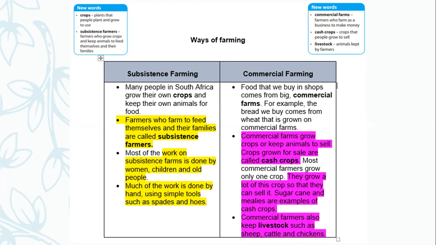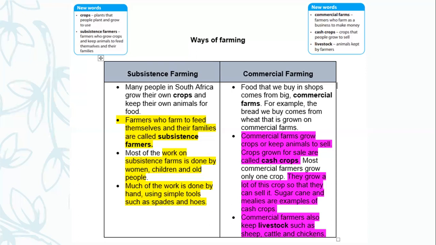All right. Most commercial farms grow only one crop. They grow a lot of this crop so that they can sell it. Sugar cane and mealies are examples of cash crops. Some farmers also keep livestock such as sheep, cattle, and chickens. Now, boys and girls, please make sure you do highlight what I have highlighted on the slide.